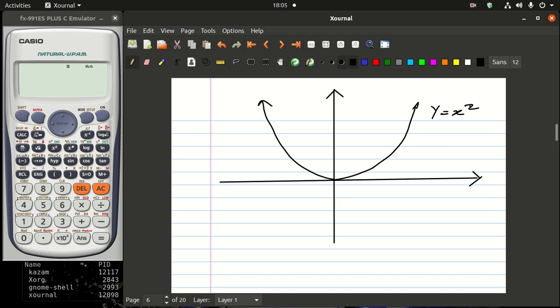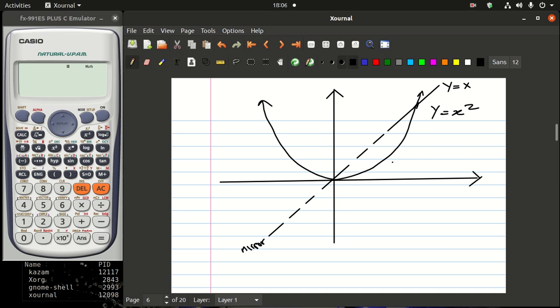This is y is equal to x squared, and now you want to find its inverse. So first you have to draw a line here. This line is y is equal to x, right? It is the line y is equal to x. Of course, you draw it as a dotted line, because this is going to be your mirror.